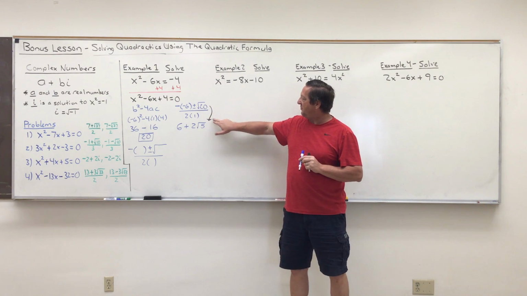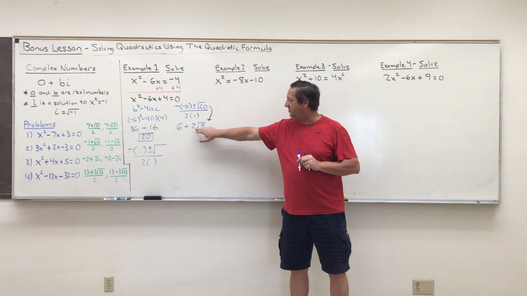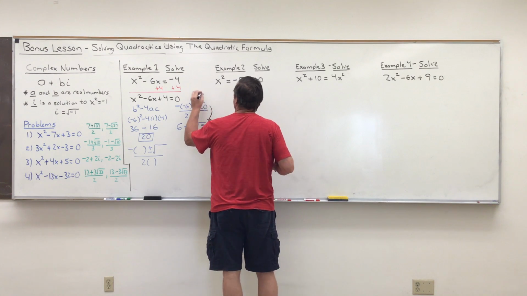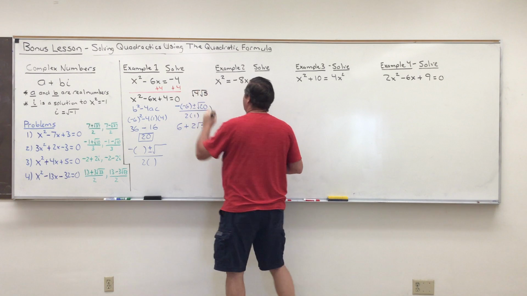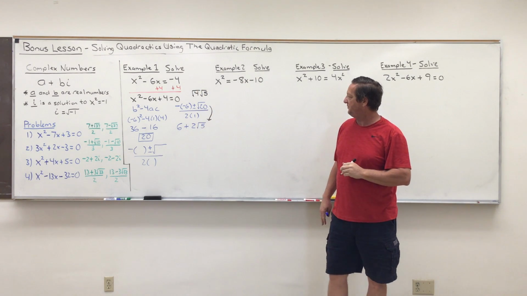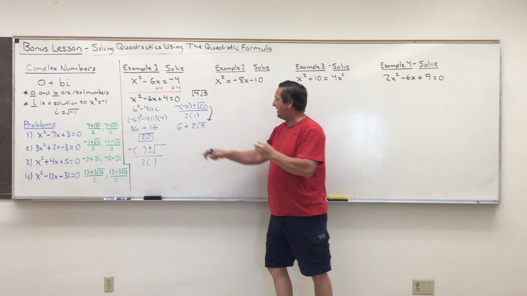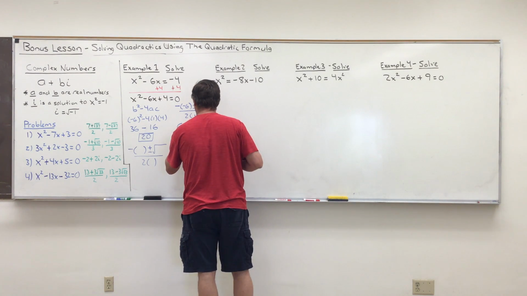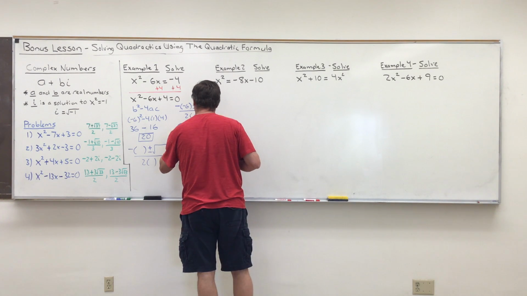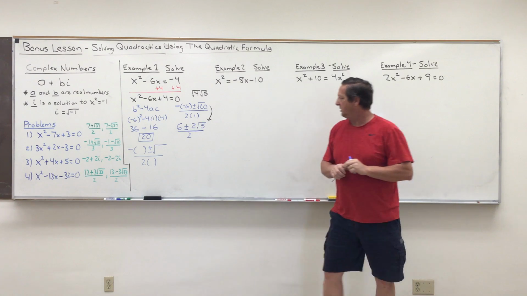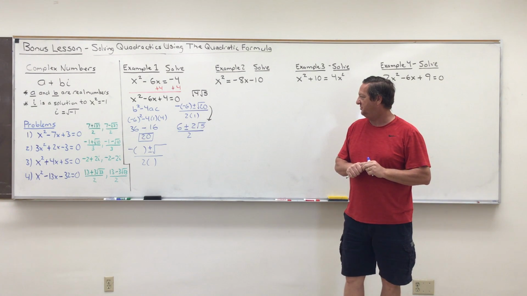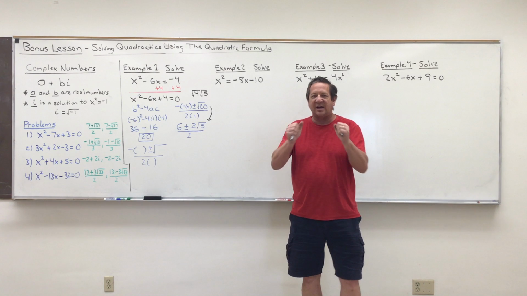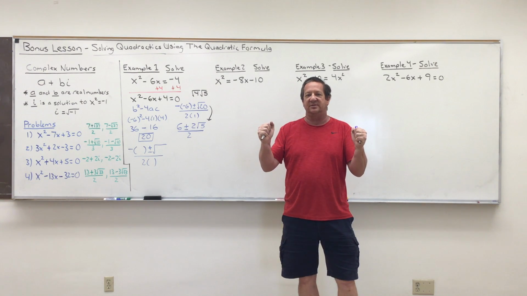we simplify radical 20 into 2 radical 5. Okay, so remember that would be square root of 4 times square root of 5 if we break it up. So it's 6 plus or minus 2 radical 5 over 2. And then we're actually going to break this up into 2 fractions.